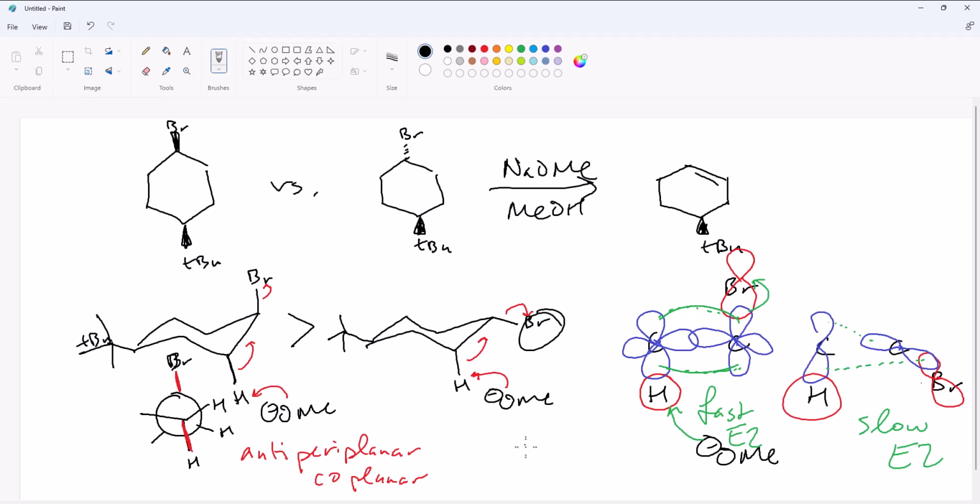In fact, if we were to look at a Newman diagram of this one, we'd have our H pointing down, our H and our ring, and then in the back we'd have a ring, an H, and bromide. So we have the H that we're pulling off and the bromide at an angle to one another, not coplanar. So the orbitals do not line up in a way that would make this reaction proceed quickly.